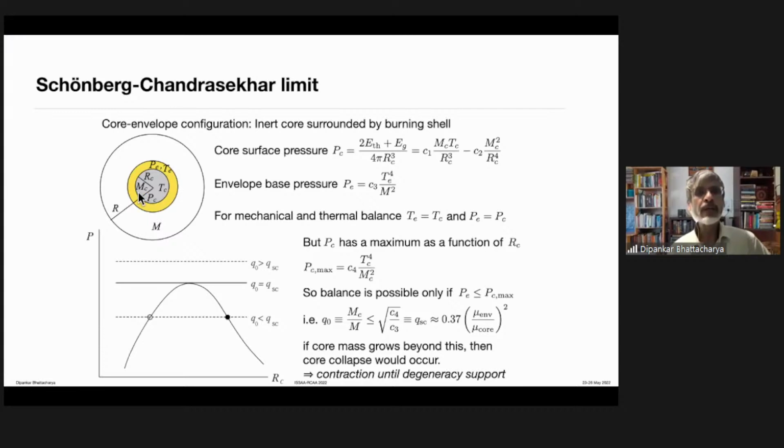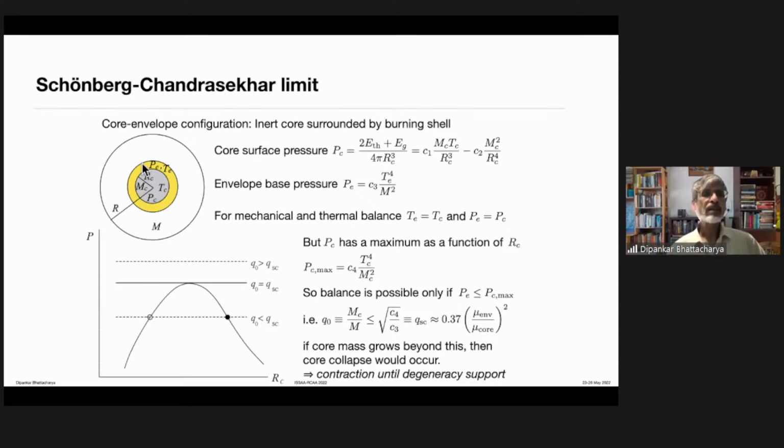So you have the inert helium core, which is roughly at a constant temperature, that is isothermal. And then there is a hydrogen burning envelope around it. So initially, such a structure can be stable and hydrogen shell burning can keep producing some luminosity.